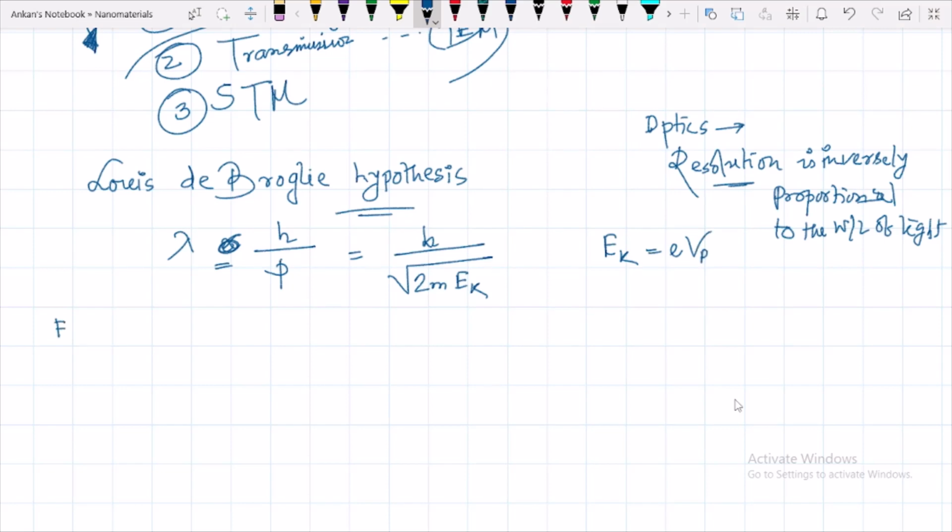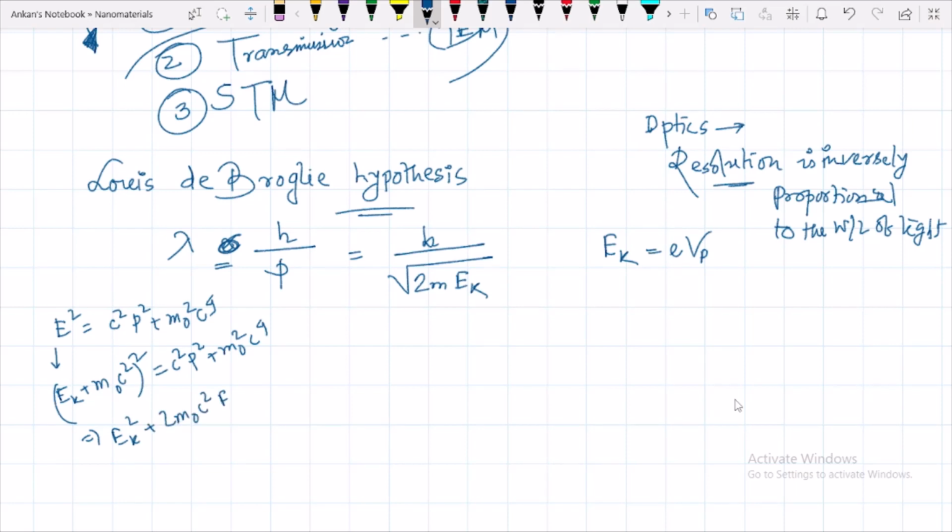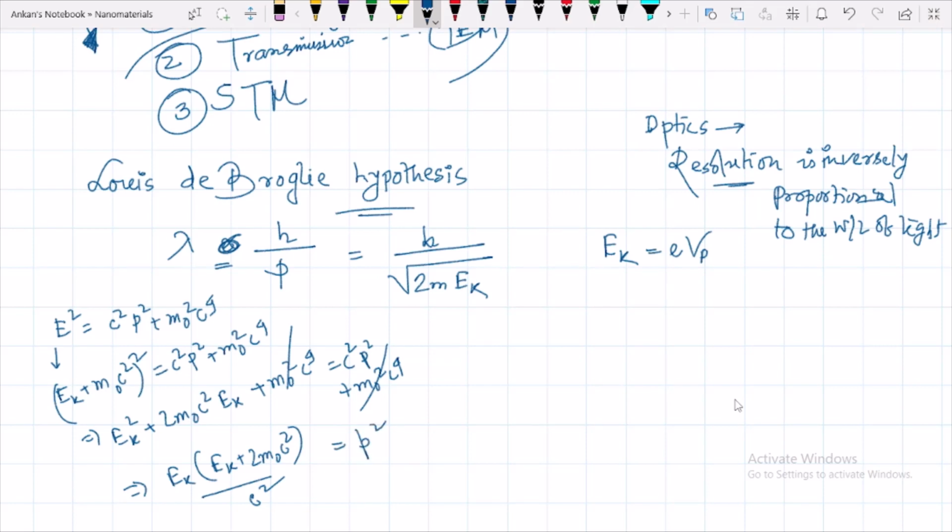Again, the electron is a relativistic particle, so according to the theory of relativity the total energy satisfies E squared equals c squared p squared plus m naught squared c to the power 4, and E can be replaced as Ek plus m naught c squared. Expanding, the m naught squared c to the power 4 terms cancel out, and we get c squared p squared equals Ek squared plus 2 m naught c squared Ek, so p squared equals Ek times Ek plus 2 m naught c squared, divided by c squared.